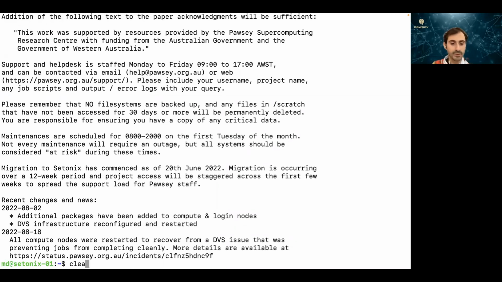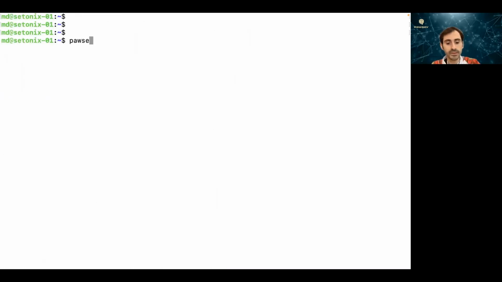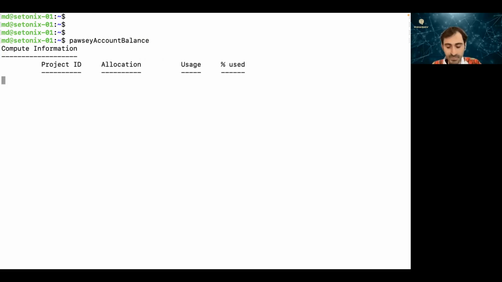There is a command called pawsey-account-balance. We saw this command in a previous module for checking the file system quotas. We can use this one for service units as well. If you type it without any further options, you're going to get the allocation and usage for your default project. In my case, it's pawsey0001.